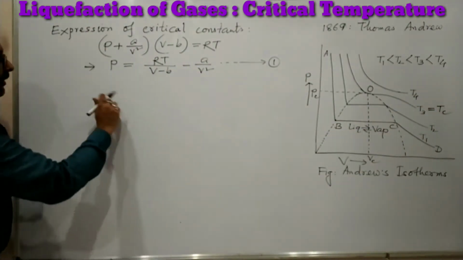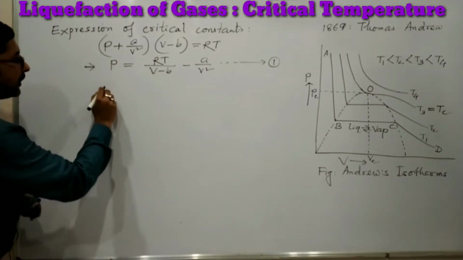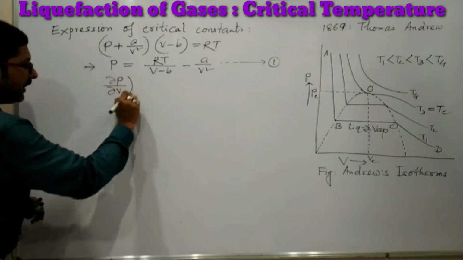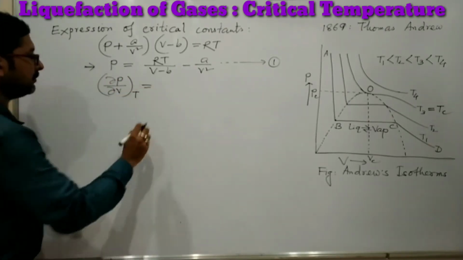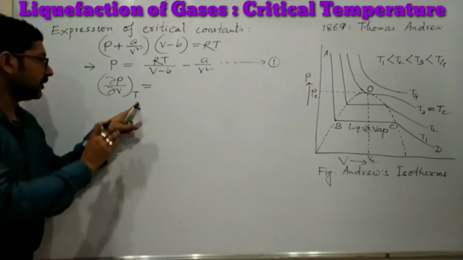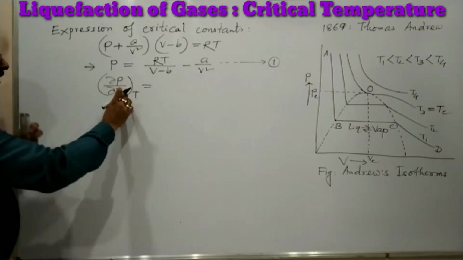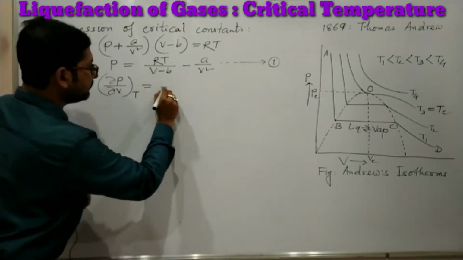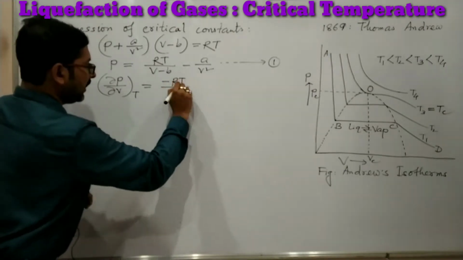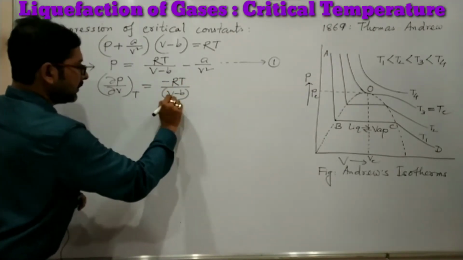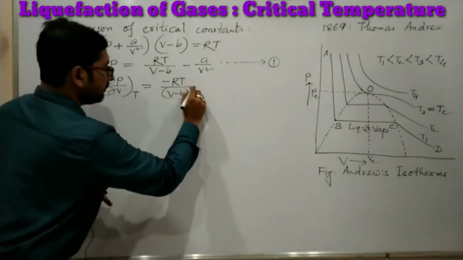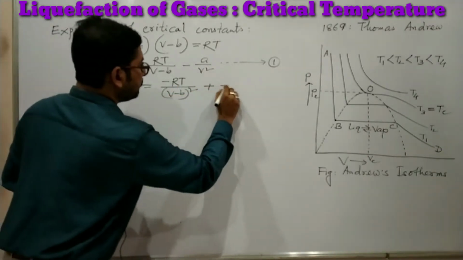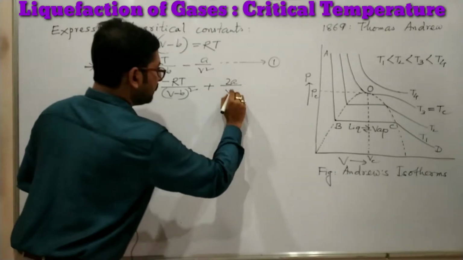So we can take the derivative of this equation, keeping temperature constant, of P with respect to V. This is minus RT by V minus B whole square plus 2A by V cube.